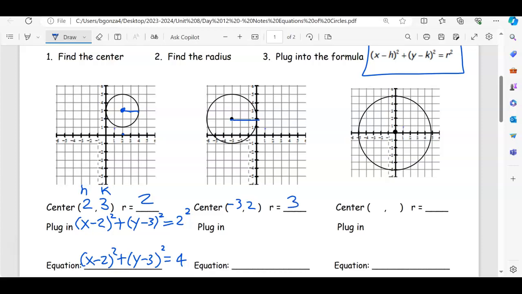All right, y'all ready to plug it in here? So we're going to write x, parentheses, x minus, what's my h value? The x of the center is negative 3. So it's going to be x minus negative 3.